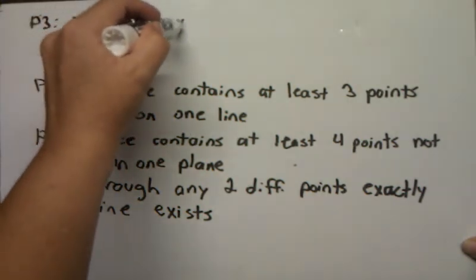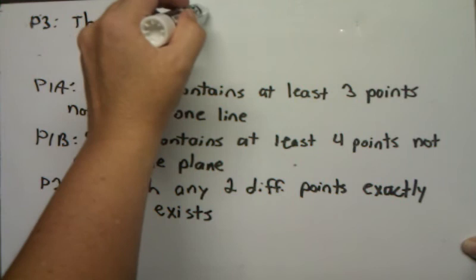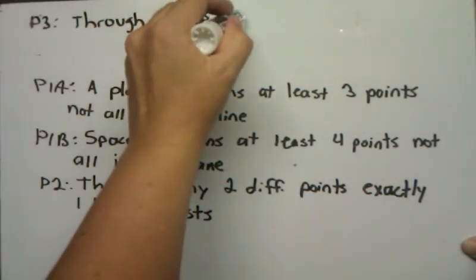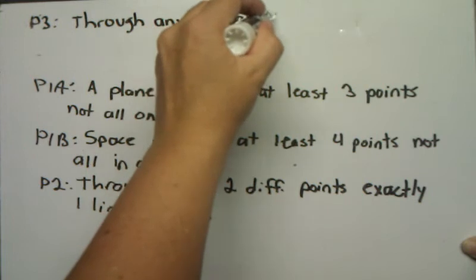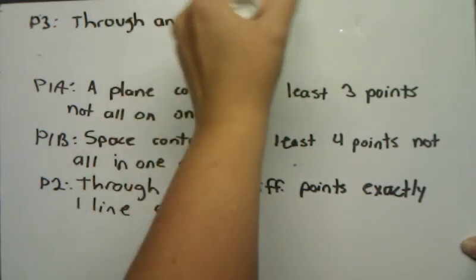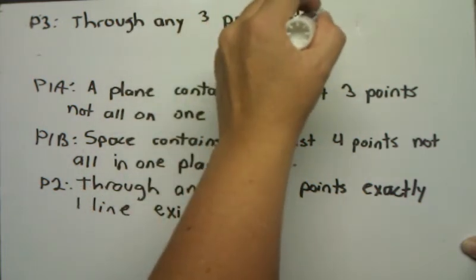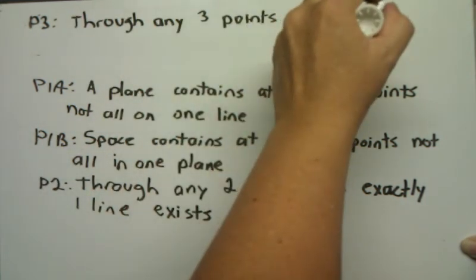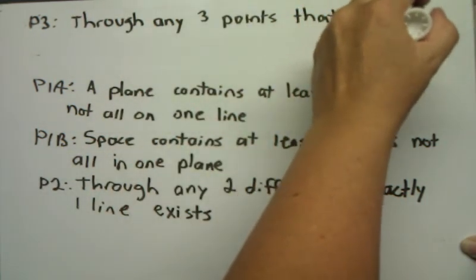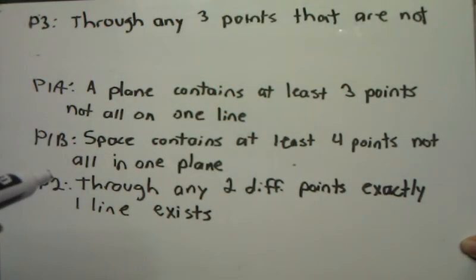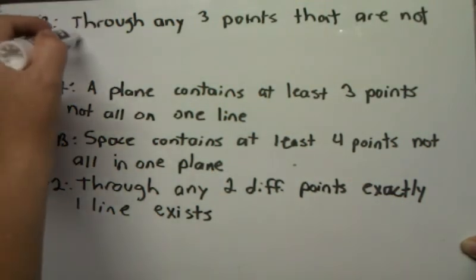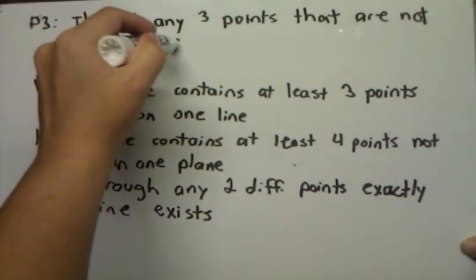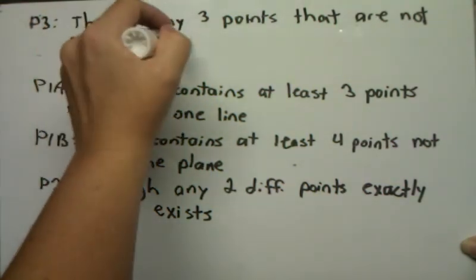Through any 3 points that are not on one line, exactly one plane exists.